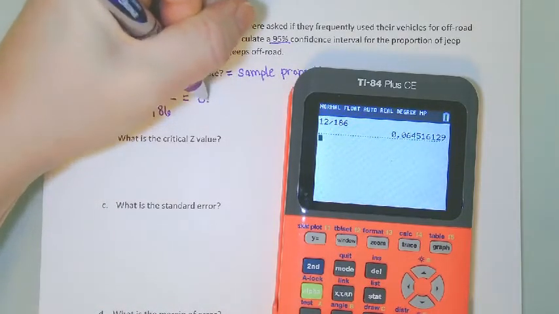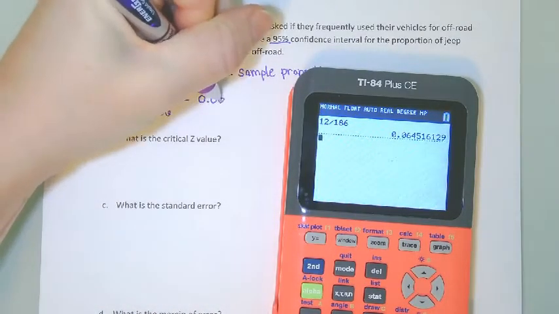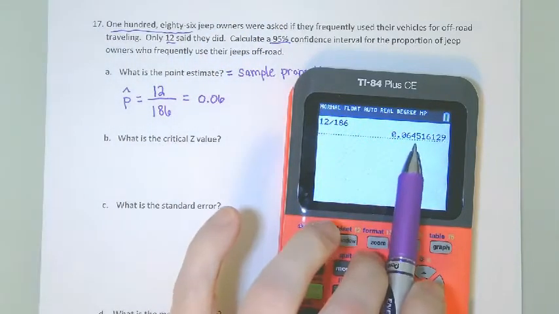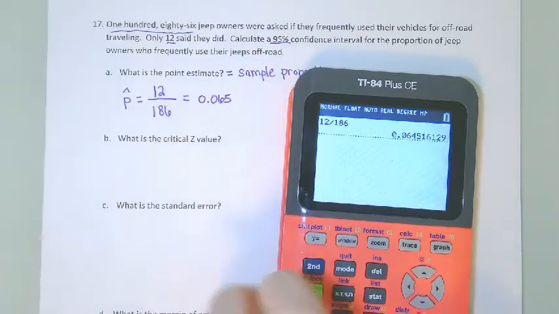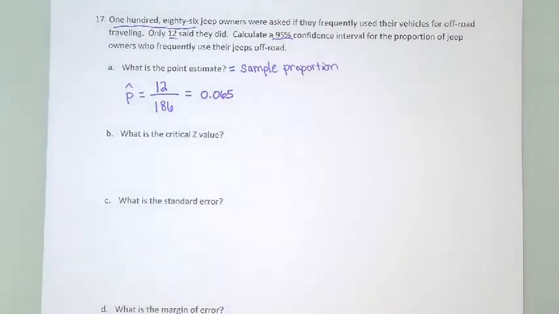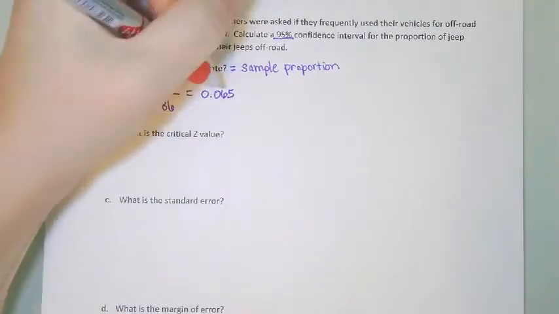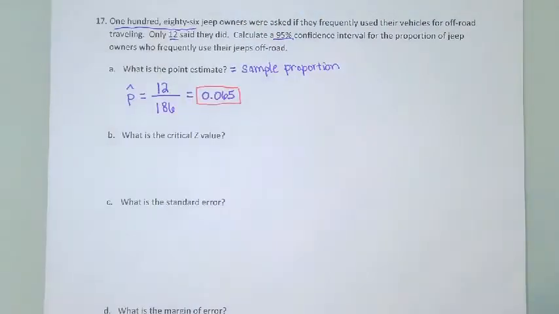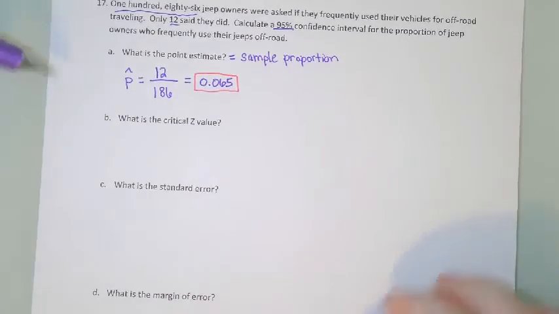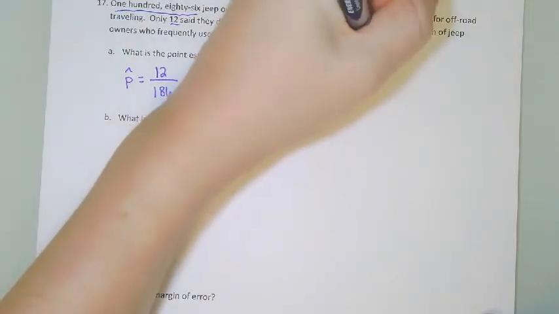So I'm going to have 0.06, and then that 4 will be rounded up to a 5. So this is what our point estimate would be, 0.065.